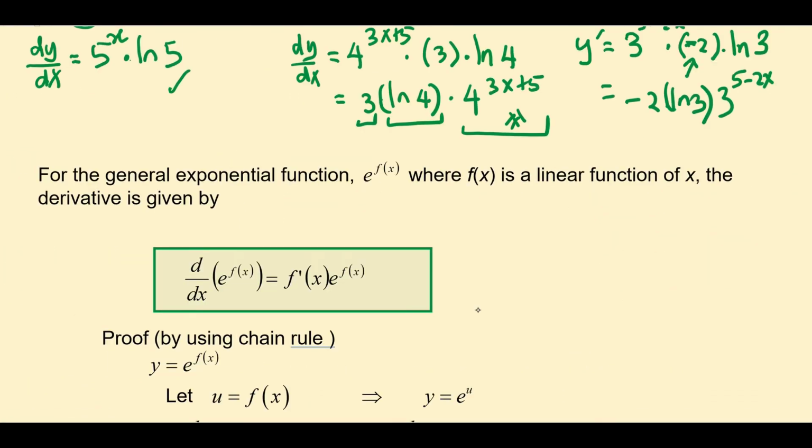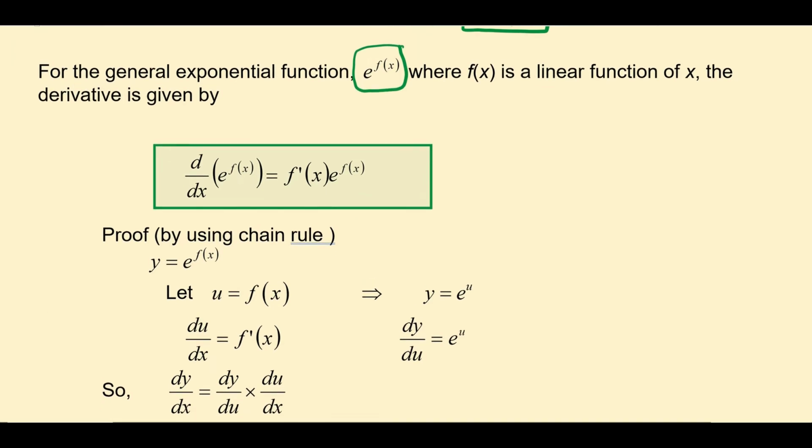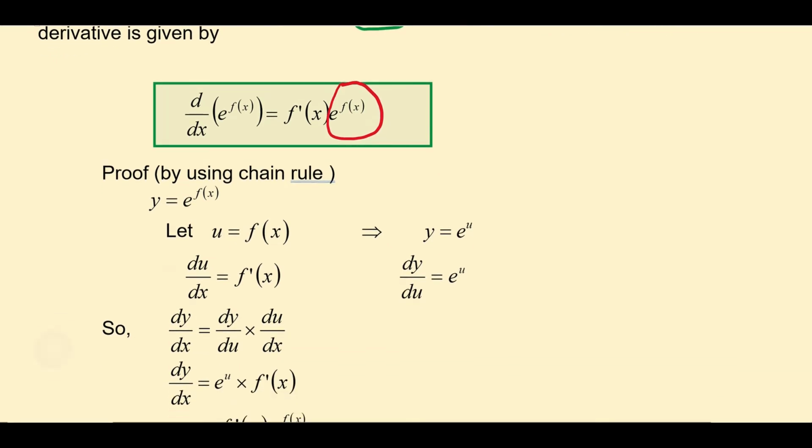For the general exponential function e to the power of f(x), where f(x) is a linear function, the derivative is given by d/dx of e to the power of f(x) equals, you need to multiply e to the power of f(x) with the derivative of f(x), that is f'(x). I will prove this by using the chain rule.